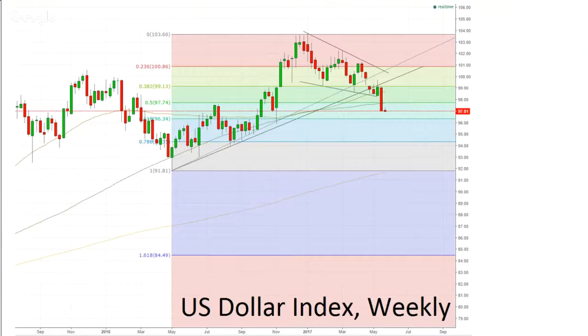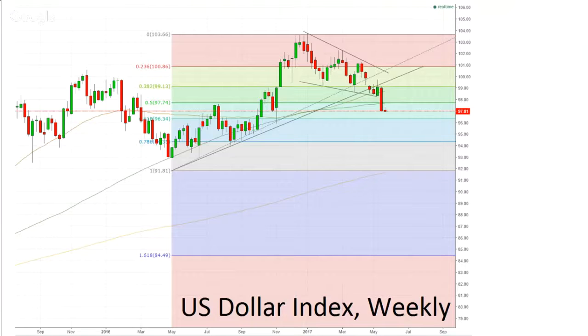We now look at the US dollar index weekly chart, and we can see that there was a really big move to the downside in this asset. The US dollar index is composed of several currencies, actually 6 currencies if I remember correctly, but the main part of this US dollar index is the euro.